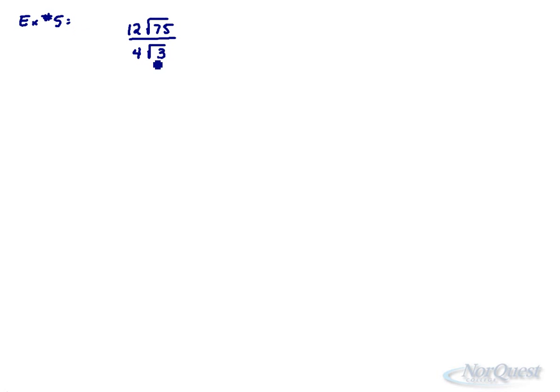So 4 can go into 12 3 times. Root 3 can go into root 75 root 25 times. So this can be simplified as 3 root 25, and the square root of 25 can be simplified even more as 5, so 3 times 5, which is 15.